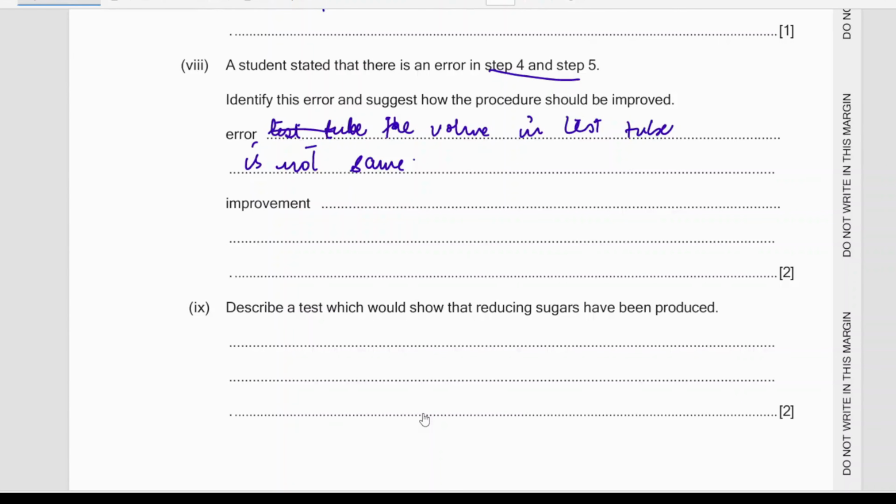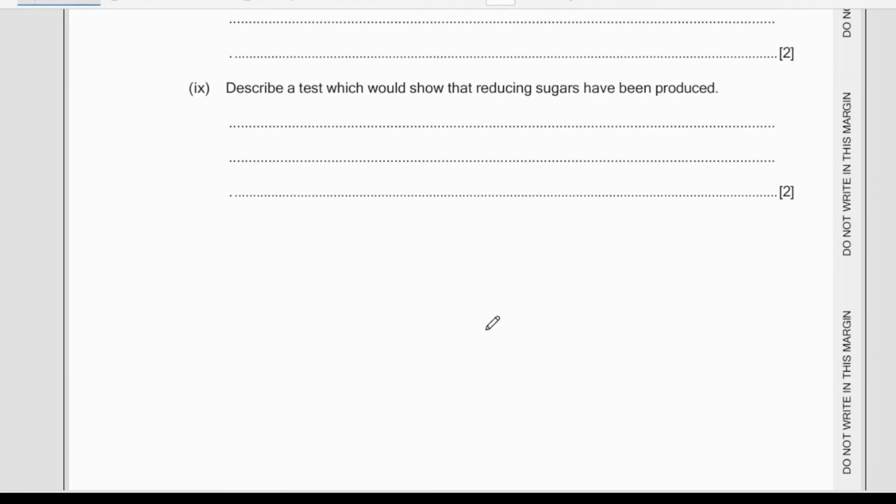Okay. Next question. Describe a test which would show that reducing sugars have been produced. You have to tell the process and the result as well. Add Benedict's solution to the sample, to the test tube, let's say.